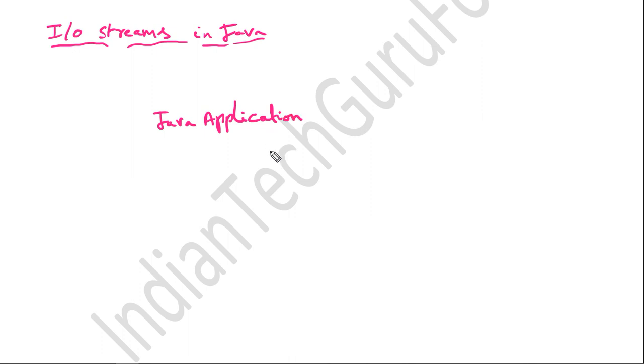So in general, I am going to give the input data from the keyboard. Keyboard is a standard input device. So that's why in Java terminology, we call it system.in. We represent keyboard using system.in.